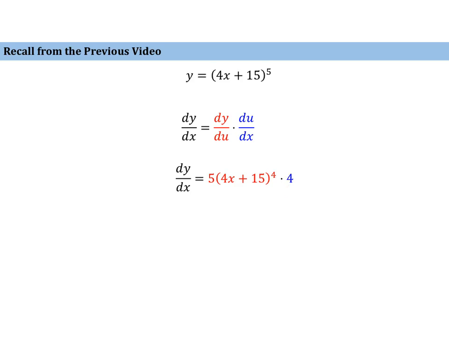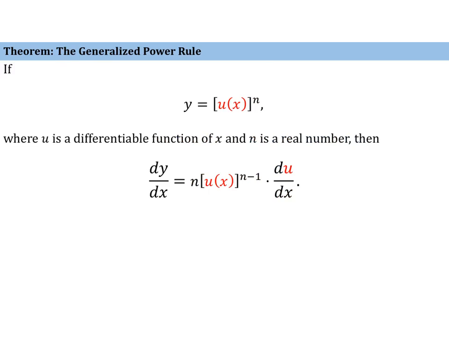So now let's formally state this rule. This is called the generalized power rule. So the power rule, if you remember, took d dx of x to the n. And in those situations, the x and the x matched. In this situation, what we have is a little bit more complicated.